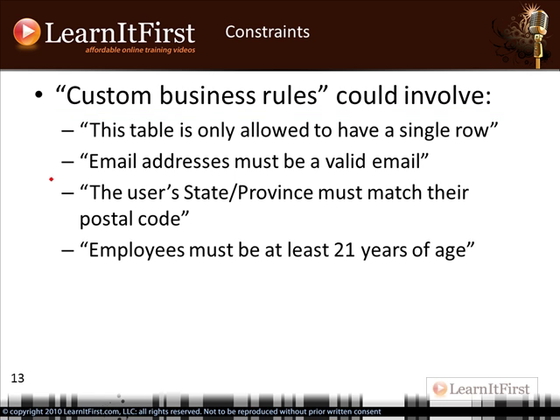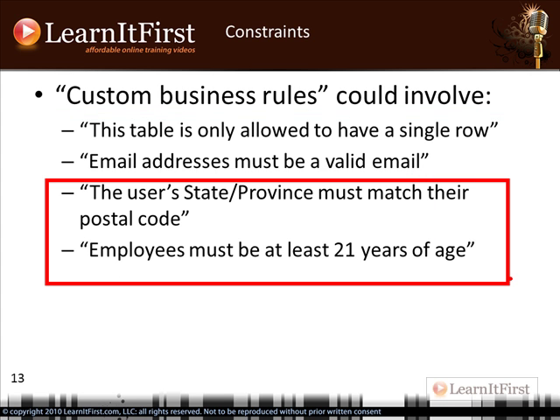Now, I say these things because these are all things that every row in the table must conform to. Like, let's just take these two down here. Every row that comes into the table, I don't care what the source of it is, has to conform to these business rules. Today, you're developing a website for this. But tomorrow, you might be inside of Management Studio manually entering a few records to help get it started. Don't you want those custom business rules to also apply while you're in Management Studio?